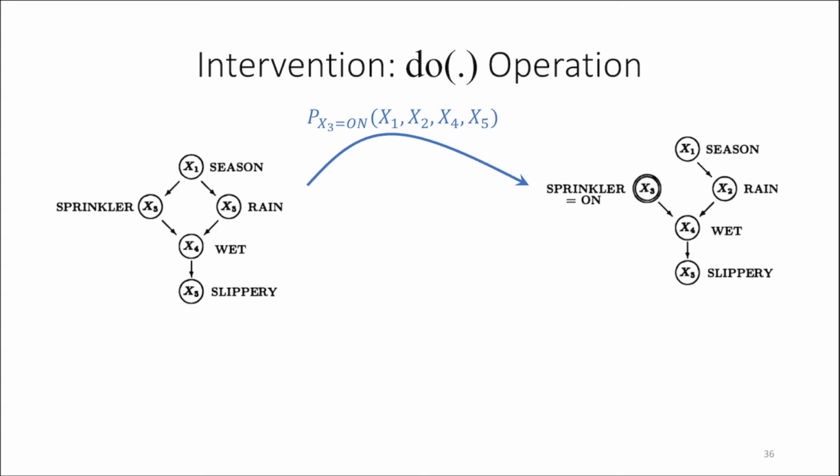And also, if I intervene, there's nothing probabilistic about it. The probability of X3 being on is 1, because I went there and made sure the sprinkler is on. So you can view this do operation as changing the status of a random variable in a graph and disconnecting it from all of its parents.